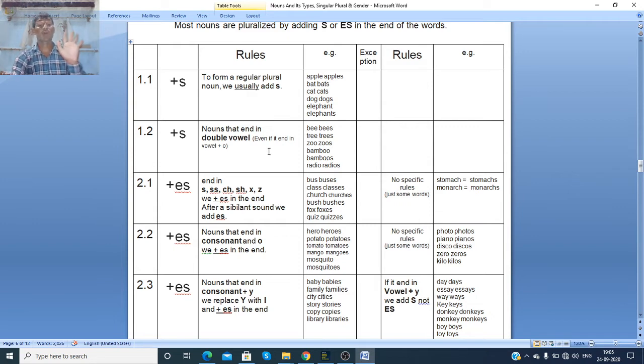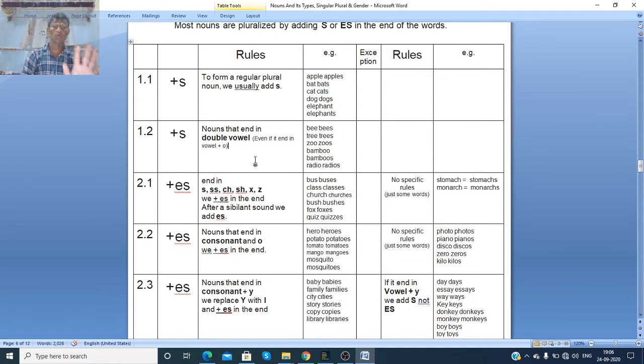So for a noun that ends in a double vowel, like zoo, bamboo, radio, we add s to make it plural, even if it ends in vowel plus o.